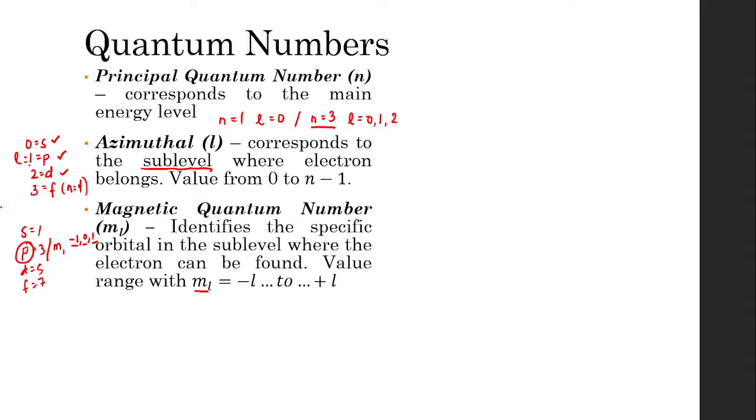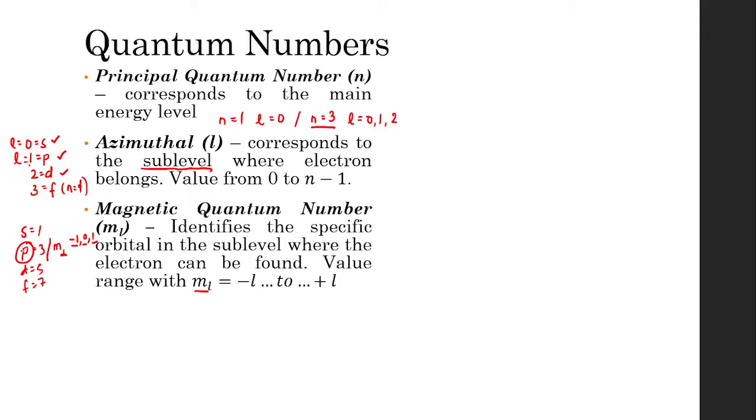I hope I'm explaining this enough, but yeah. So if your L is equal to 0, it means your sublevel is S. For L equal to 1, you would have your P. And this L is also the one that you will use for your M sub L, which again tells you the specific orbital.